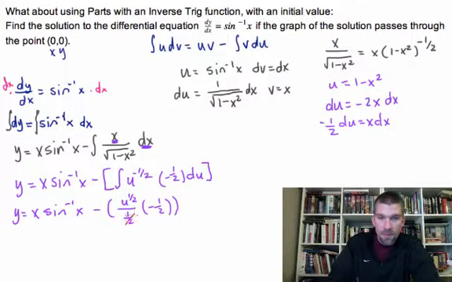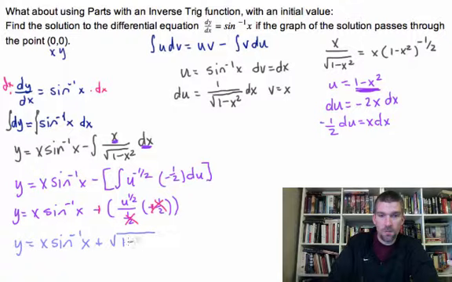If I divide by a 1/2 and multiply by a negative 1/2, they cancel out, and this negative makes a positive. So I'm going to substitute my u back in here, and I'm going to get my general solution. y equals x arc sine x plus the square root of 1 minus x squared plus c. All right, there's your general solution right here.